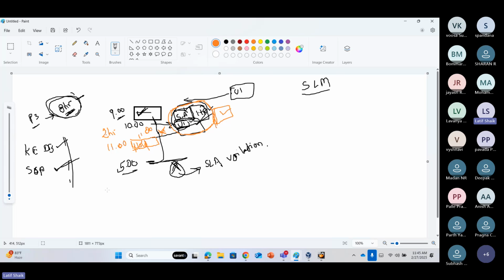Now 12 o'clock, still 6 hours available. Now 1 o'clock, still 6 hours left. 4 o'clock, still 6 hours left. 5 o'clock, still 6 hours left. 6 o'clock, generally no SLA violation test. Still you have 6 hours left.